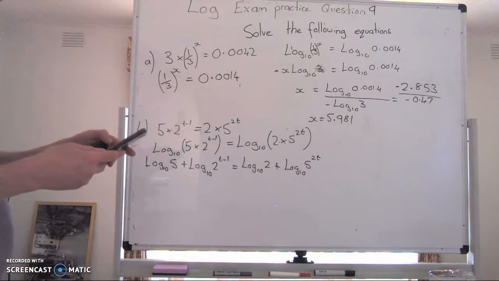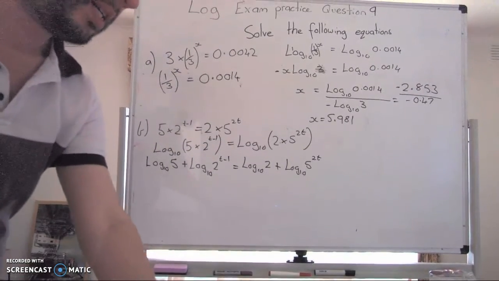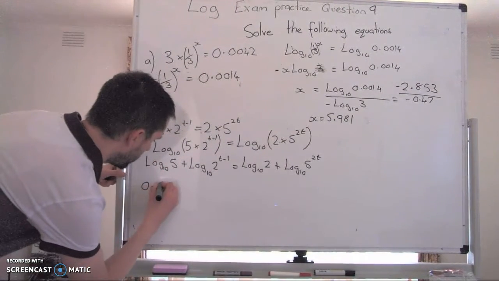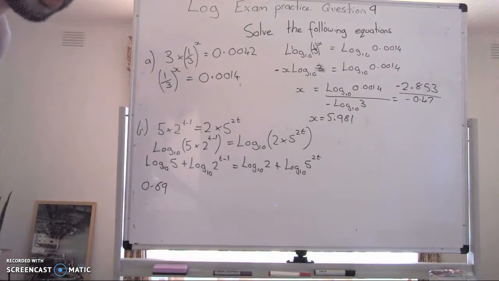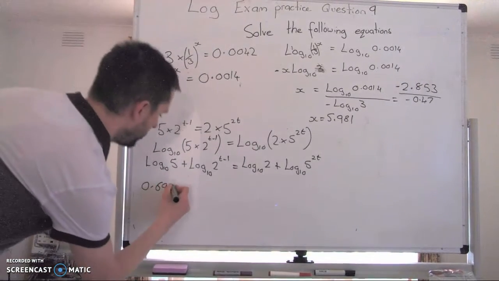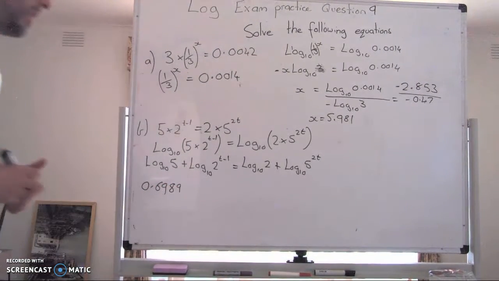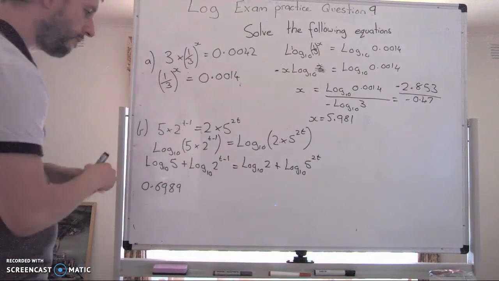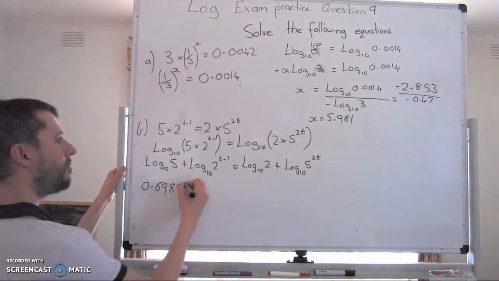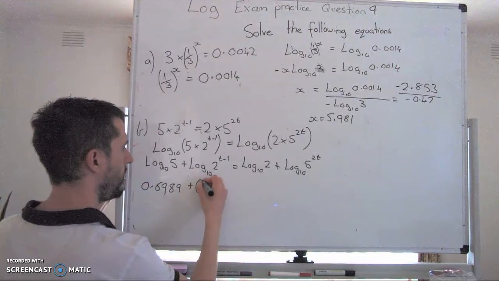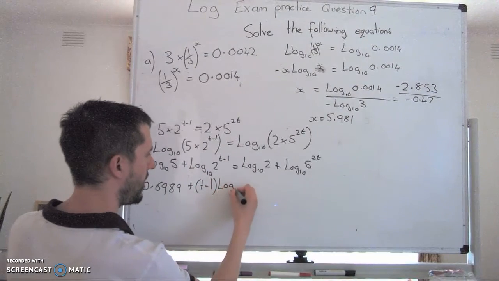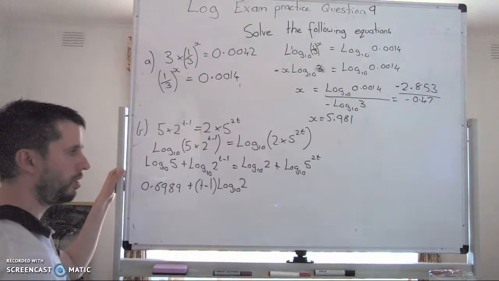And that is equal to 0.6989. The next thing I'm going to do, I'm going to take my t minus 1 out the front. So I'll do this part after. T minus 1, and I've got log 10 of 2 there.